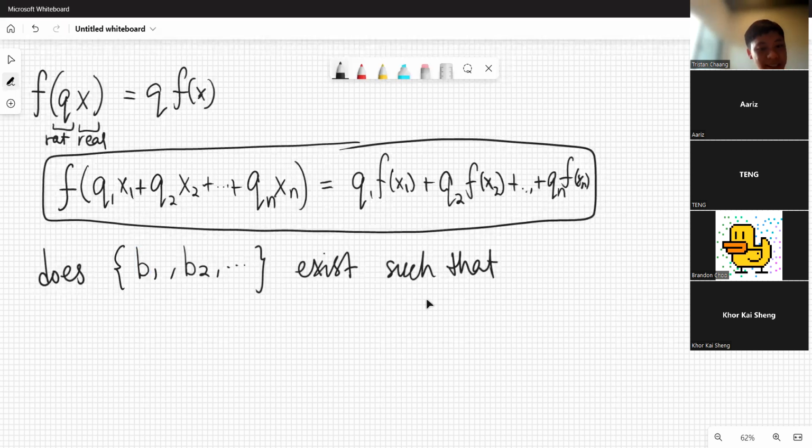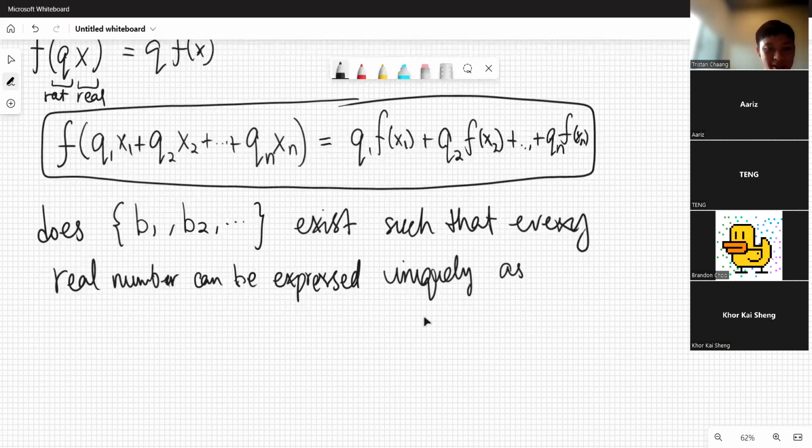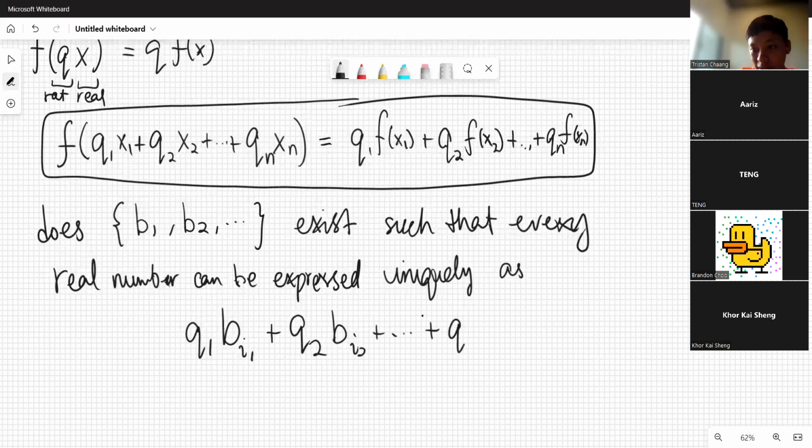So B1, B2, does this set exist such that every real number can be expressed uniquely as, let's say, q1 B_i1, q2 B_i2, dot, dot, dot, qn B_in?